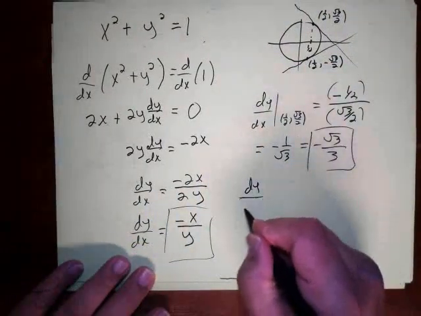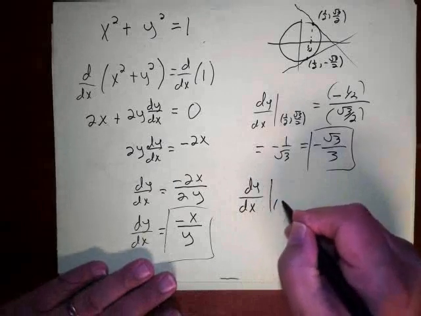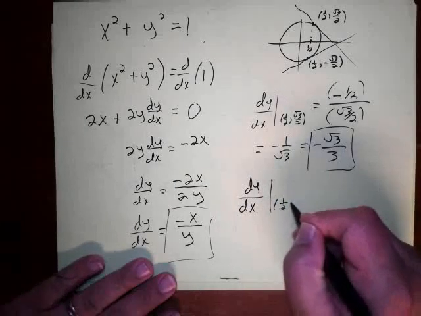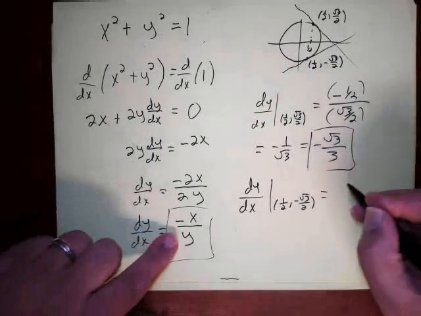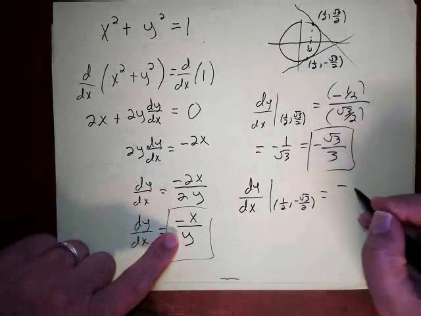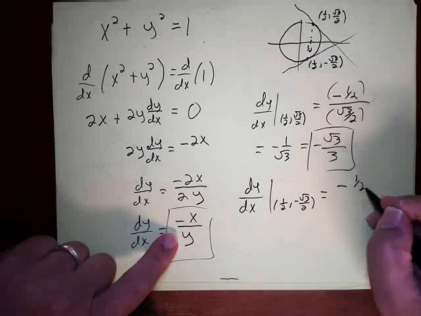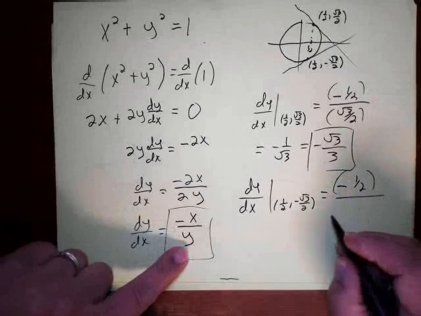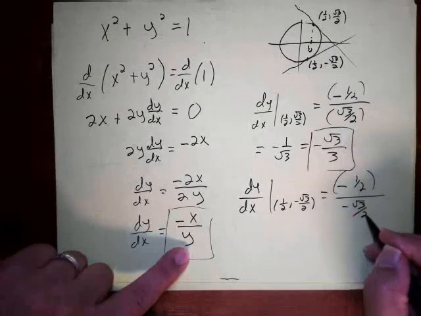Okay, so now we can do the bottom one using the same equation. It's just now a different ordered pair. dy dx for the ordered pair 1/2, negative square root of 3 over 2. So plugging it into here, I get the opposite of 1/2 over the opposite of the square root of 3 over 2.